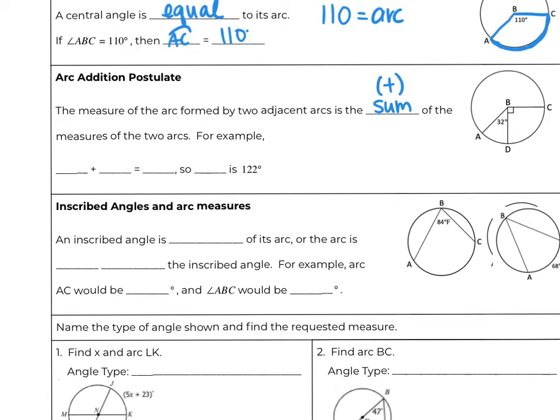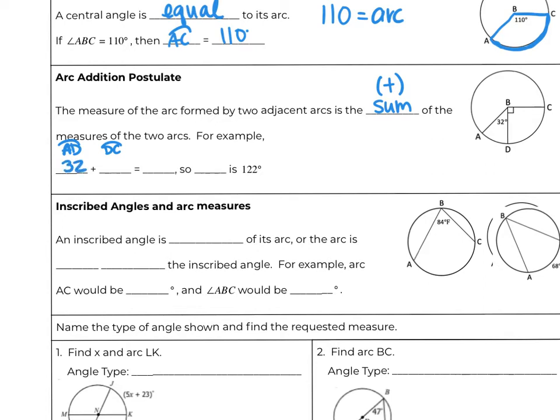So for example, let's say, write this above the line. So arc AD and arc DC. All right. Okay, what's the degrees for arc AD? 32, because it's the same as its central angle since it is a central. If it were inscribed, it would not be, but we're not to that.